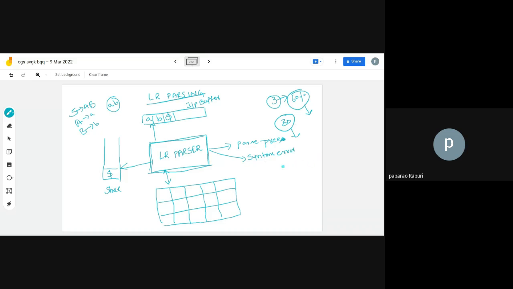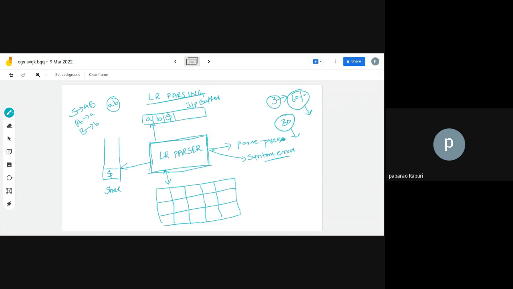So initially we discussed these things. It takes the input as tokens from the lexical analyzer, which produces the tokens and gives them to the next phase, that is the syntax analyzer or parser. Both are the same.